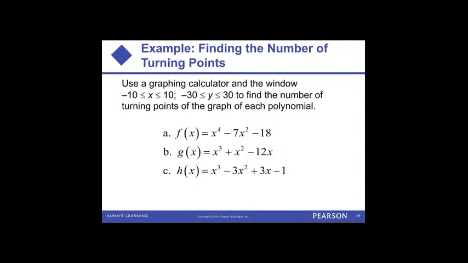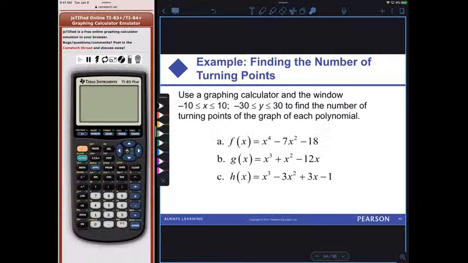Go back to my calculator. So then I'm going to type in each of these. I'm going to go to my y equals. The first one is x to the power of 4 minus 7x squared minus 18.